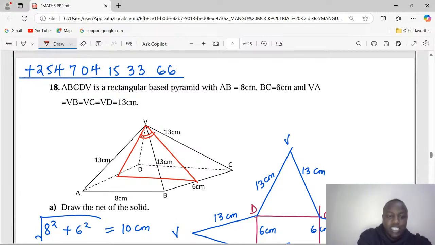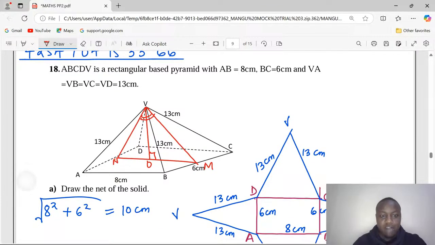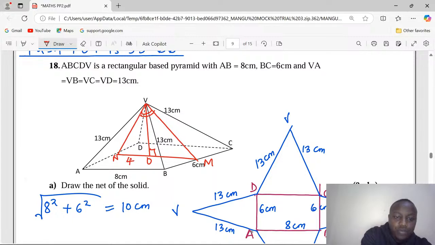To get that angle, we can divide downwards here, such that assuming this is M and this is N, and this is O, we can use triangle VON to get the angle at V and multiply it by 2. So angle NVO. Remember, this is 4 and the side here is 12. So we can use tangent.